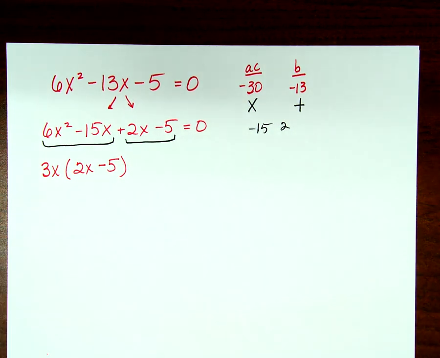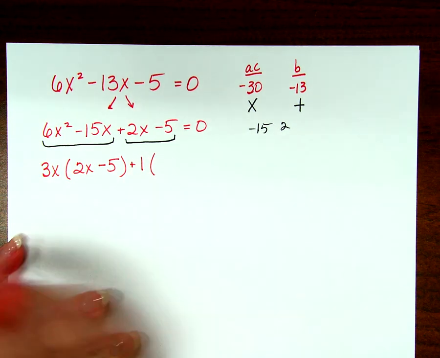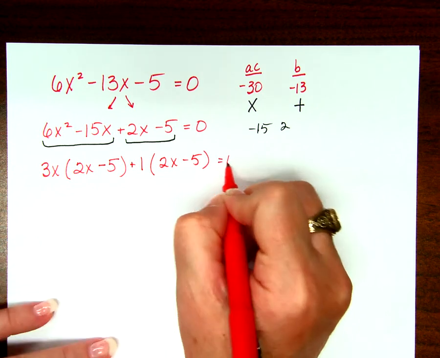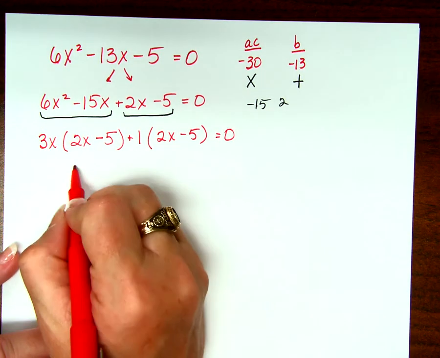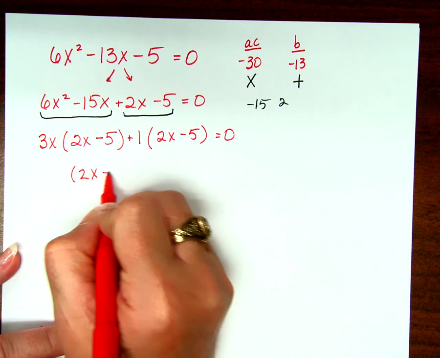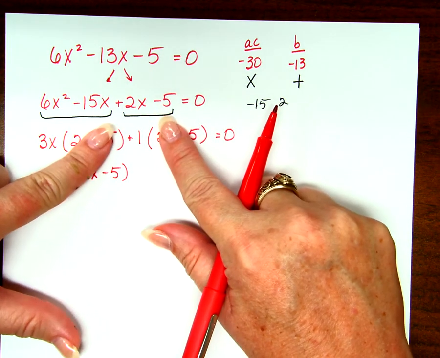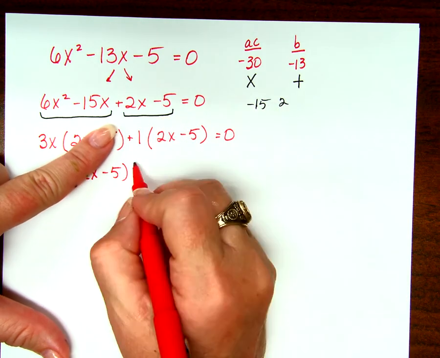You know I have to take something out, right? And the only thing they're both divisible by is 1, so factor out a 1. So I just have 2x minus 5 because anything divided by 1 is just itself, correct? Now what do these two terms have in common? A 2x minus 5. And if I factor out a 2x minus 5, what's left? 3x plus 1.